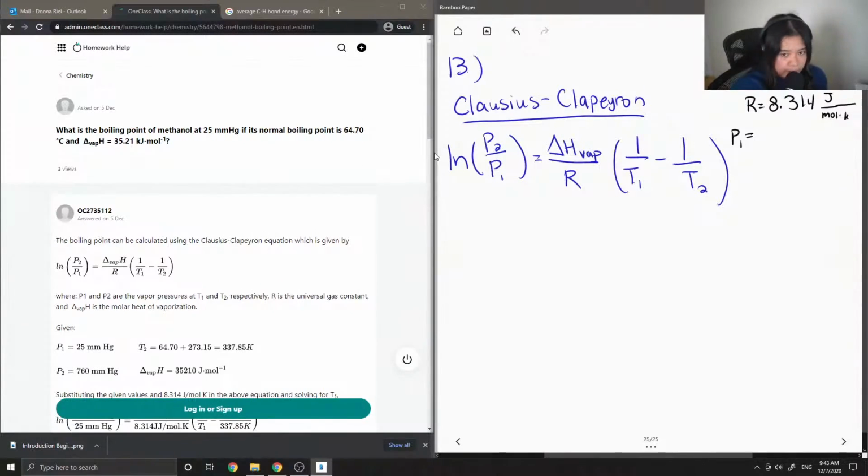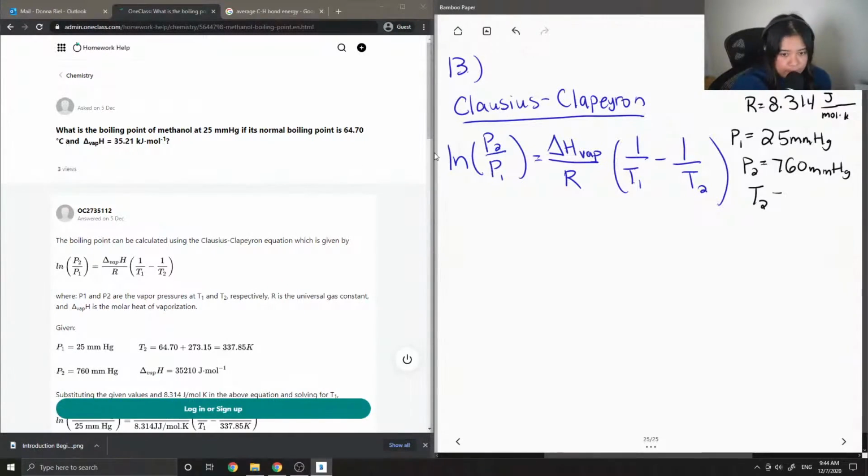P1 is given in the question, 25 millimeters of mercury. P2 will just be equal to the pressure at standard temperature and pressure values, which is 760 millimeters of mercury.